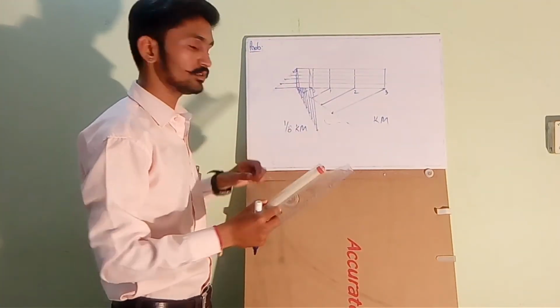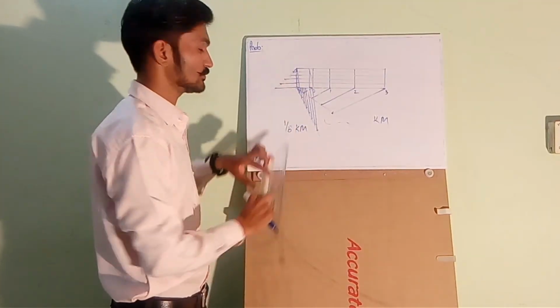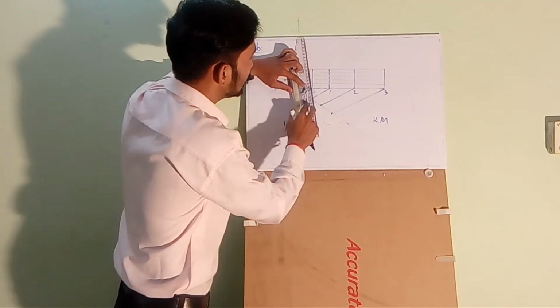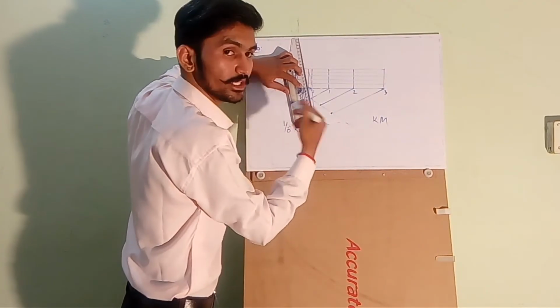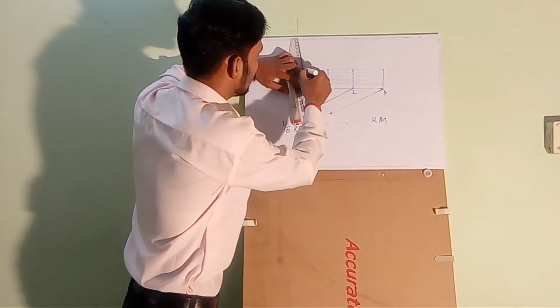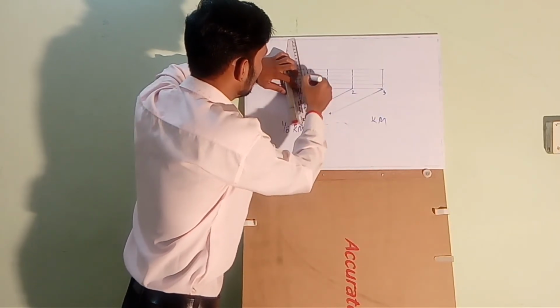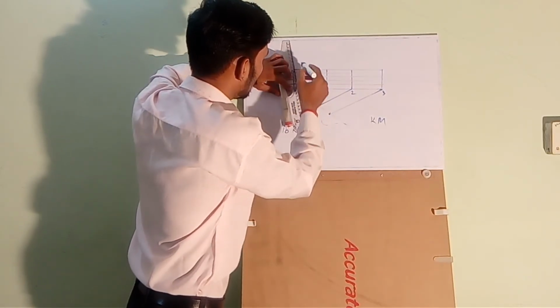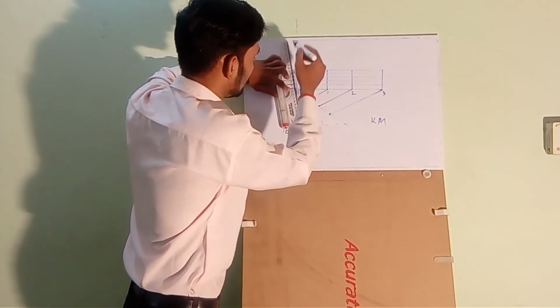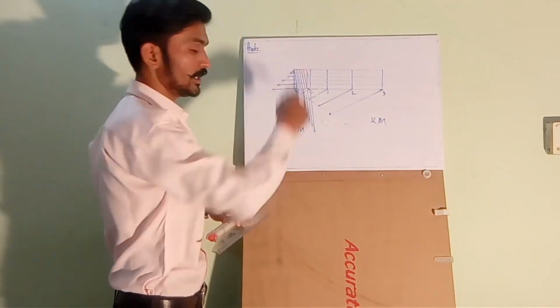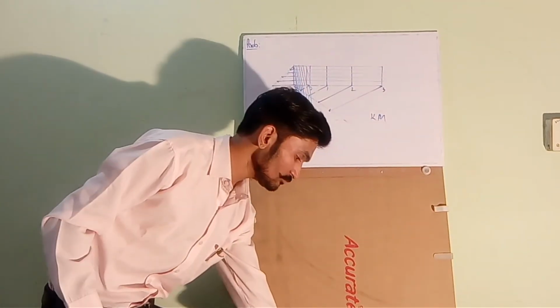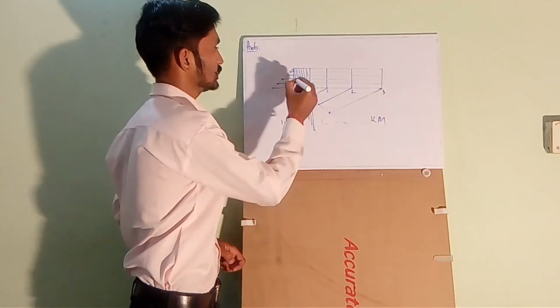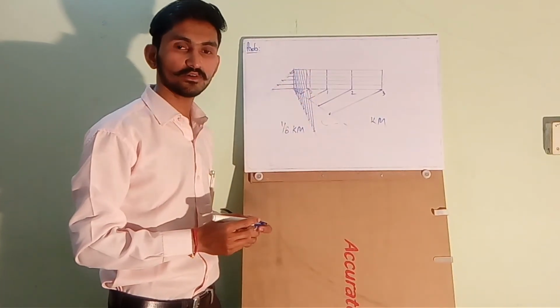As you prefer, you can go with this one or with this one. I preferably go with this one. And now draw parallel lines from each point. This is from 0, from 1, 2, 3, 4, 5, 6, 7, and the 8th one is already drawn. Now these points are showing 1/40th of a kilometer.